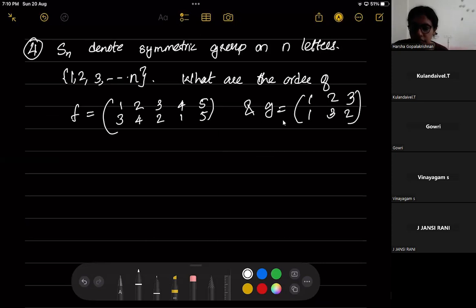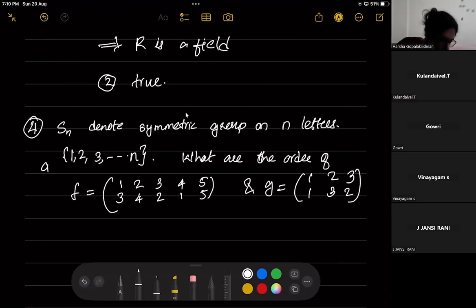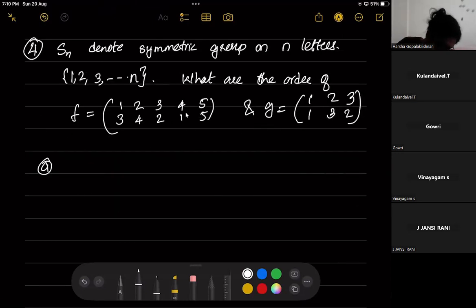Two permutations are given here. The question is to find the order. Let me give the options also.